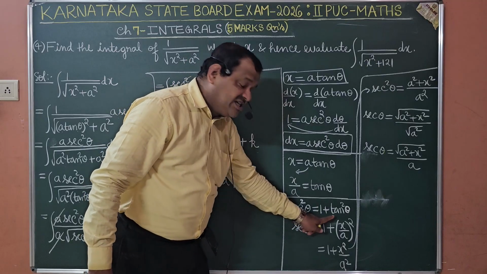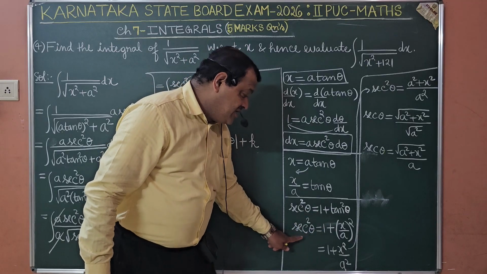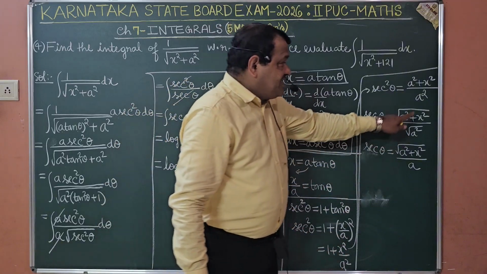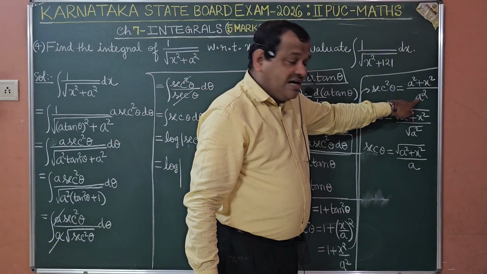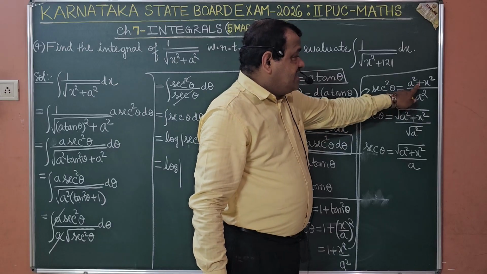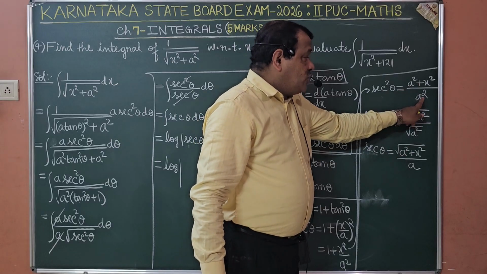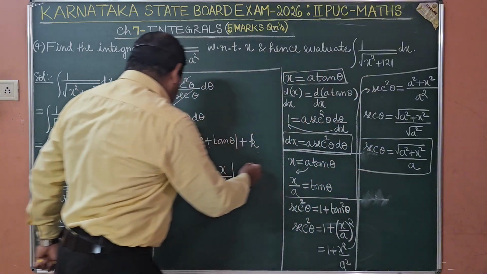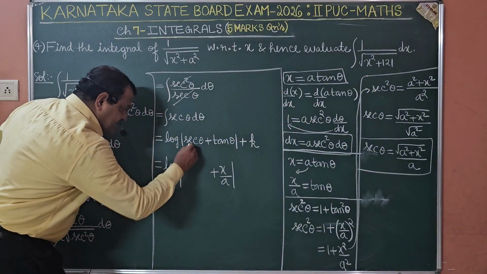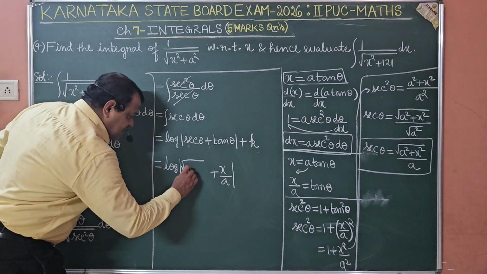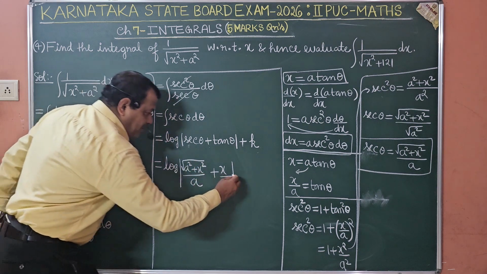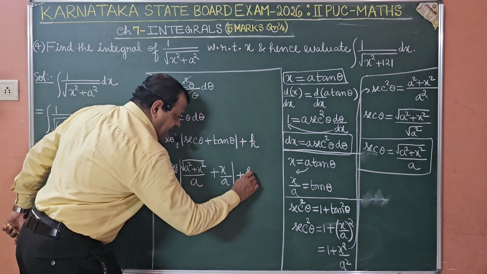That is, sec square theta is 1 plus tan square theta. Secant square theta is 1 plus, directly you can write x square by a square. Then taking LCM, directly you can do it as mind work. Then secant theta is root of a square plus x square by root of a square, a. Now this secant theta I will substitute back here: secant theta, root of a square plus x square divided by a, and plus this tan theta, x by a. And plus this small letter k.